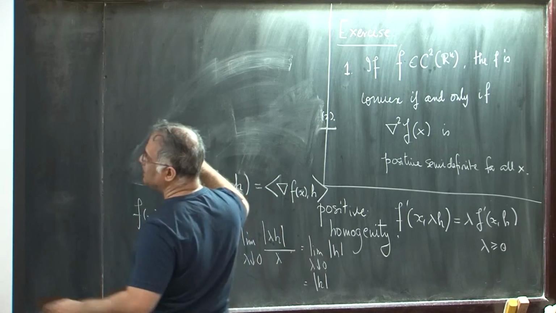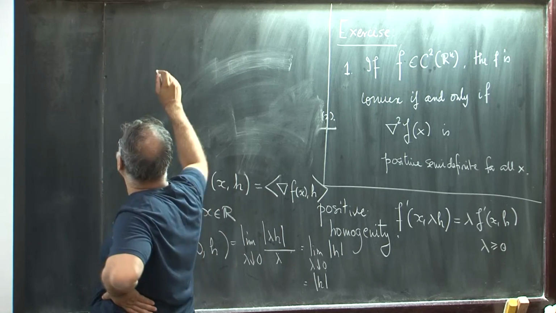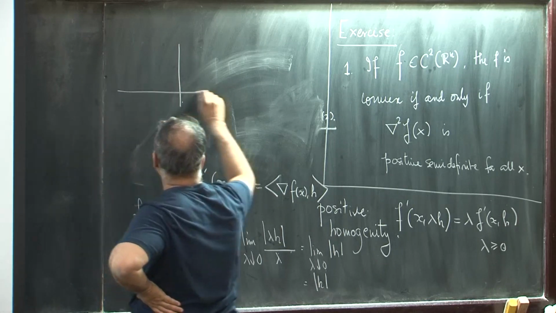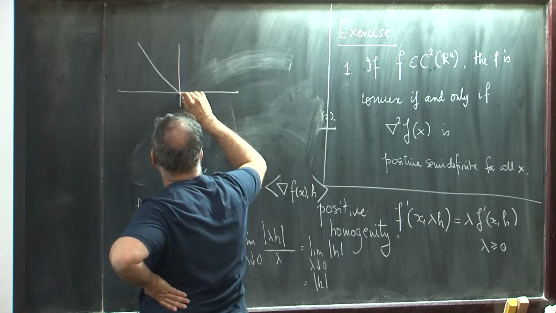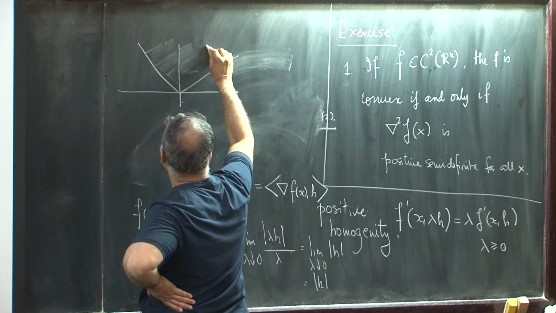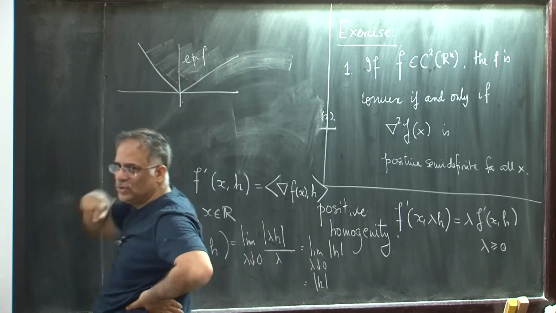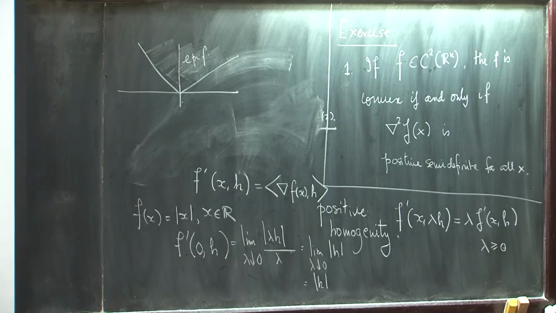Again you go back to the prototypical example, f(x) equal to absolute value of x, and look at the epigraph. The epigraph of f is a closed convex set. In fact, it is a closed convex cone, a polyhedral cone actually.